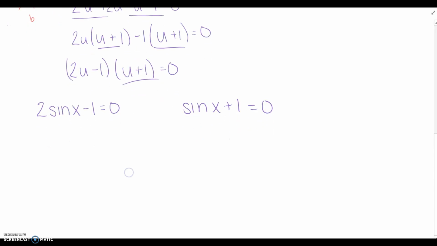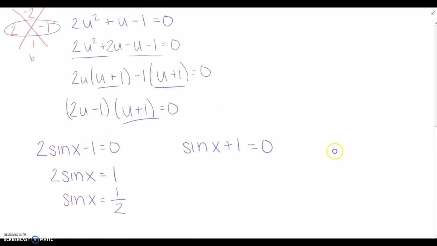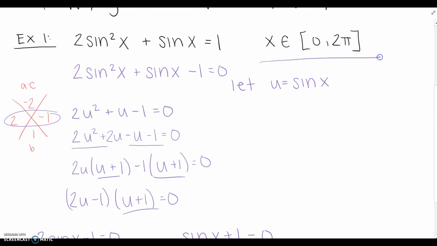So now, it's like yesterday's stuff, but we're just going to do it twice. We're going to manipulate the equation and get the trig function by itself. So add 1, divide by 2, and then ask yourself, when is sine of x equal to 1/2 between 0 and 2 pi?